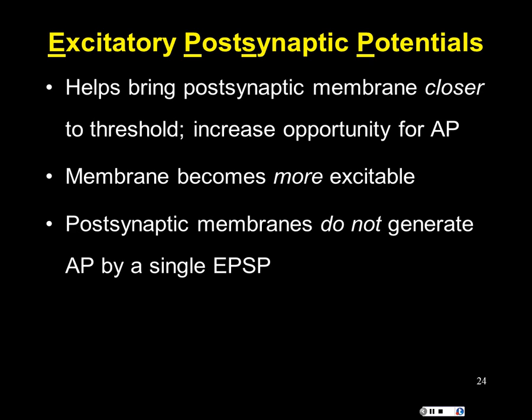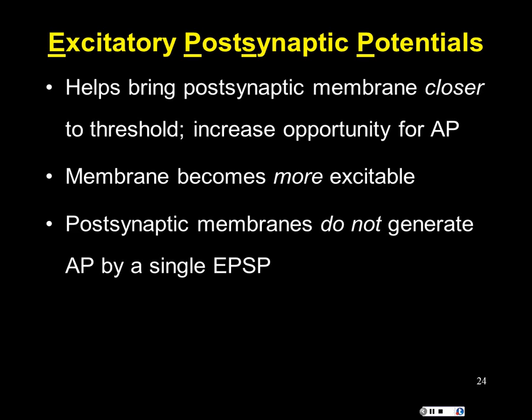The question is, how do we reference threshold? Threshold is the minimal amount of depolarization required for a postsynaptic cell to open voltage-gated sodium channels. Whether the value is minus 55 or minus 60 for a particular cell, if you depolarize to that voltage, we're going to guarantee an action potential. So wherever you draw it on your line, this potential should be below it.